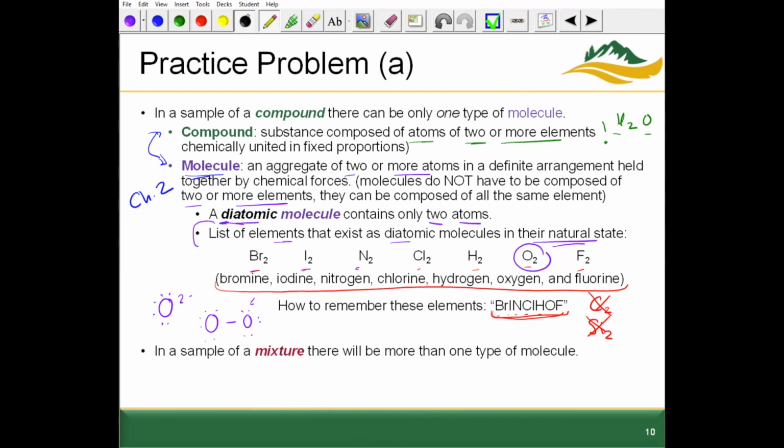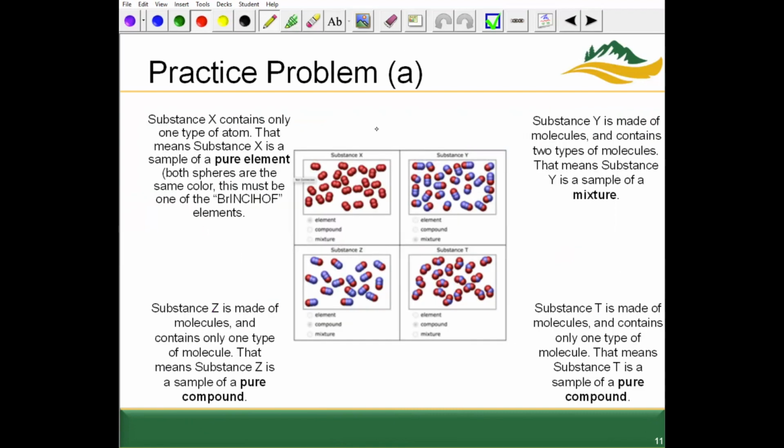And now coming back to our problem here, we did cover what a mixture is, so let's move on and start solving this. So when we look at substance X, we should recognize what we just talked about, that this is definitely the same atom in red, but it is existing as a diatomic. Now, what can we rule out right now? Well, we only see that this whole substance X is just these two red spheres joined together.